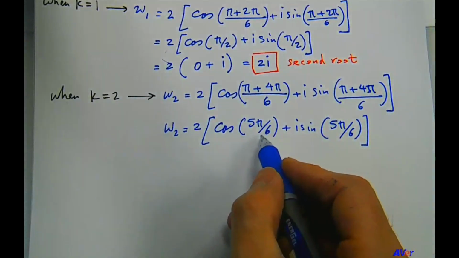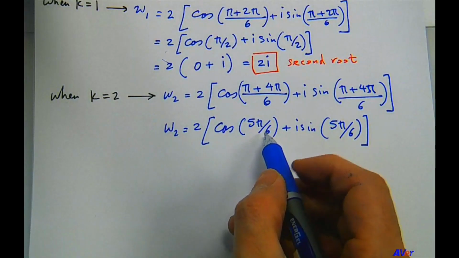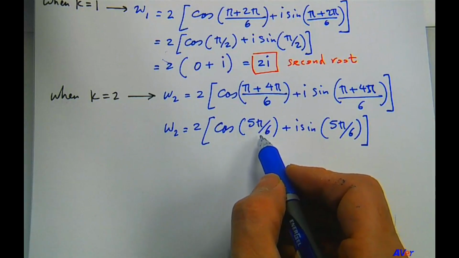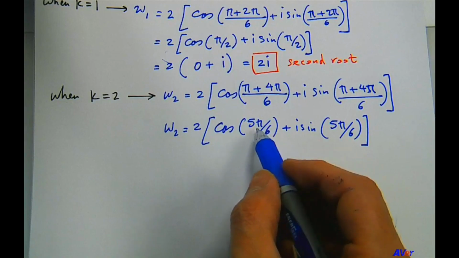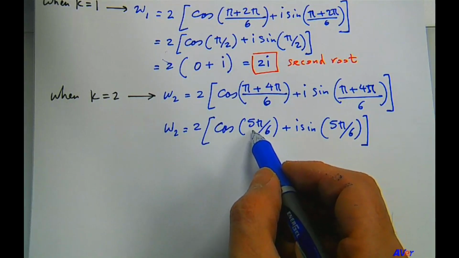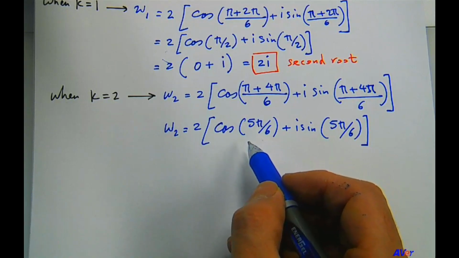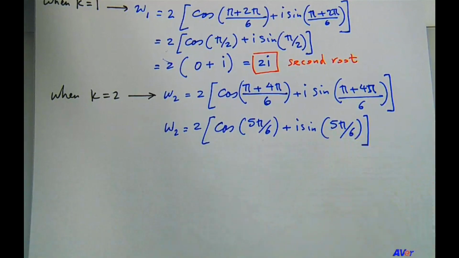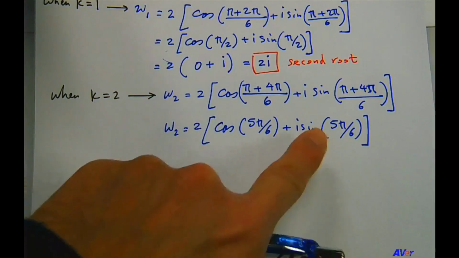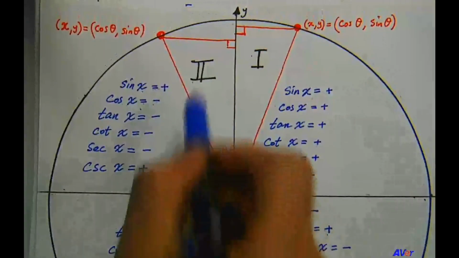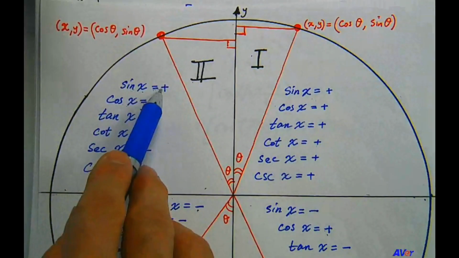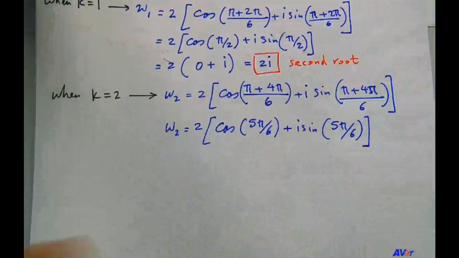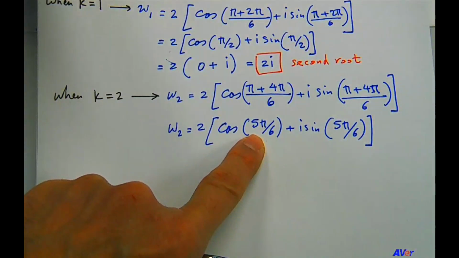Okay? So in which quadrant is this? Do you remember? If this was 6 pi over 6, we would be at the end of the second quadrant, but this is slightly less than that. So we are somewhere in the middle of the second quadrant. In the second quadrant, what is the sign of the cosine and sine? Well, in the second quadrant, the cosine is negative, the sine is positive. Remember that for 5 pi over 6, the reference angle is pi over 6.